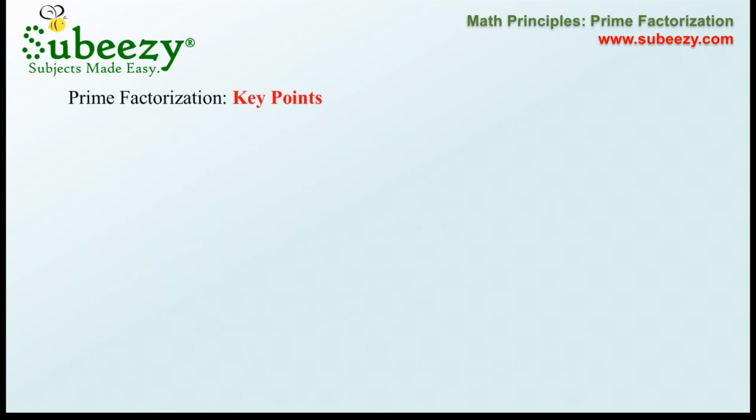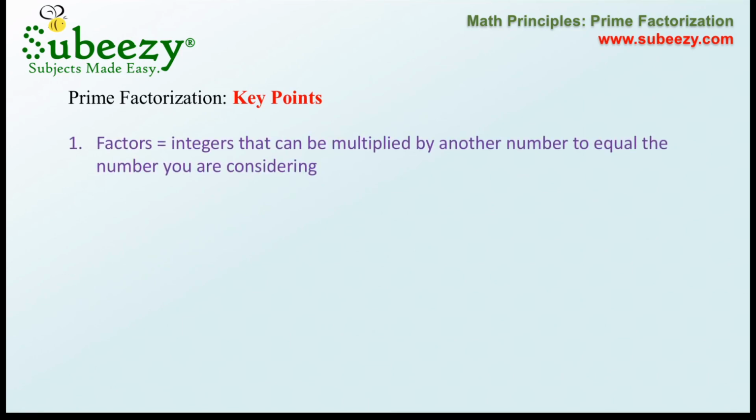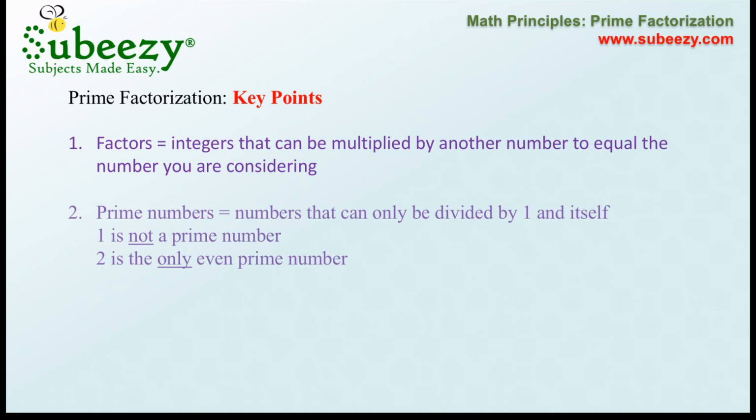And now let's go ahead and conclude this lecture on prime factorization with the key points. First, factors are integers that can be multiplied by another number to equal the number that you are considering. Second, prime numbers are numbers that can only be divided by the number 1 and itself. 1 is not a prime number, and 2 is the only even prime number.